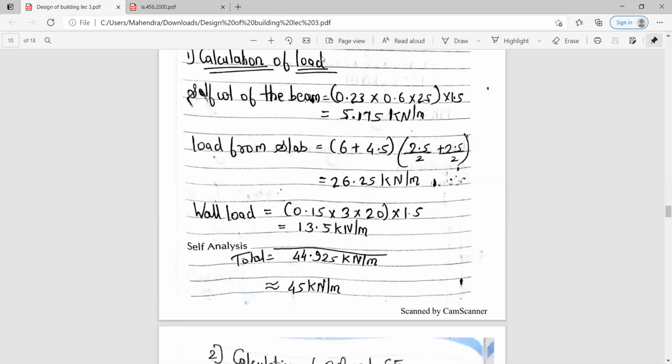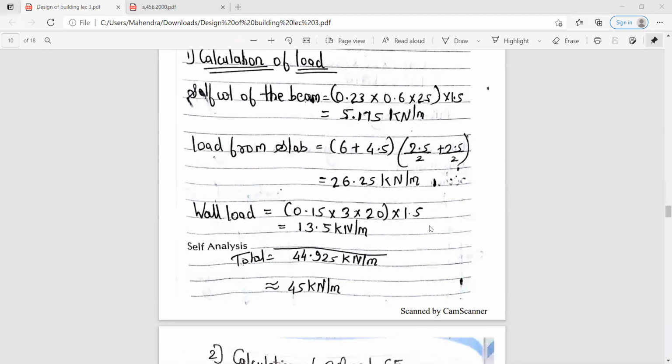And after completing, let me know. Yes, Anis, that D equals to LE by 15 and span by 10.